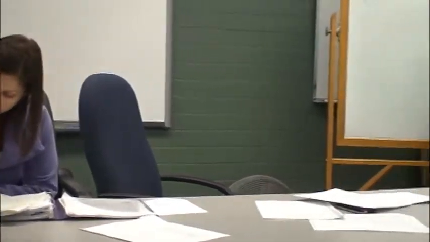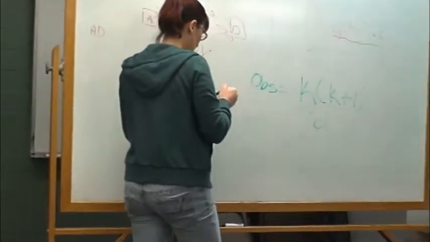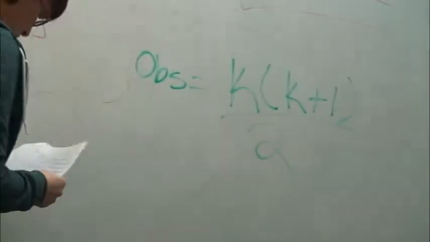So observations equal K times K plus 1, divided by 2. That's your equation for observations.